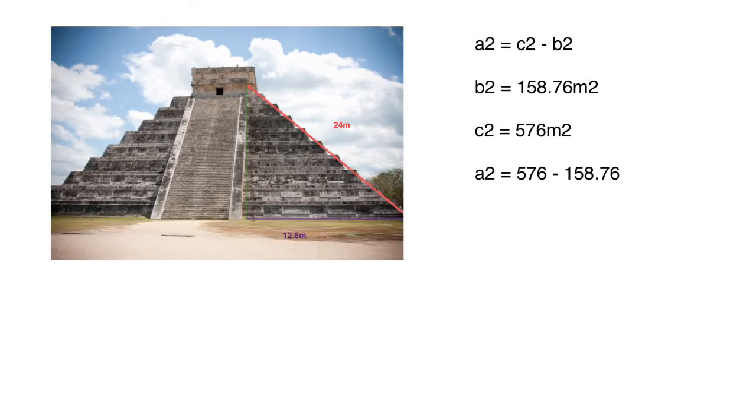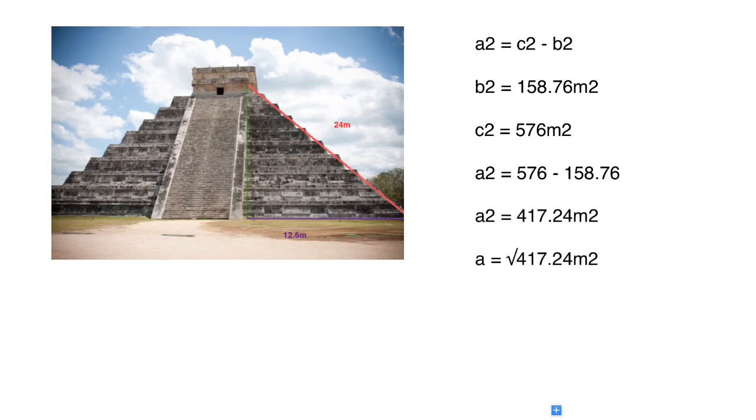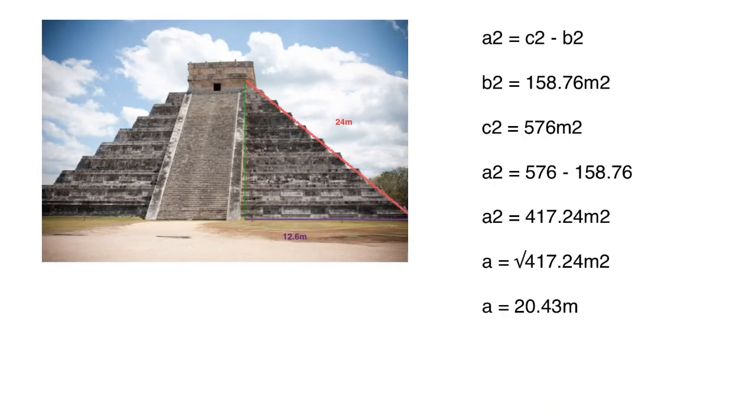What we're going to do is take 158.76 from 576. That would be 417.24 square meters. And that means that A equals the square root of 417.24 square meters, and the square root of 417.24 square meters equals 20.43 meters.